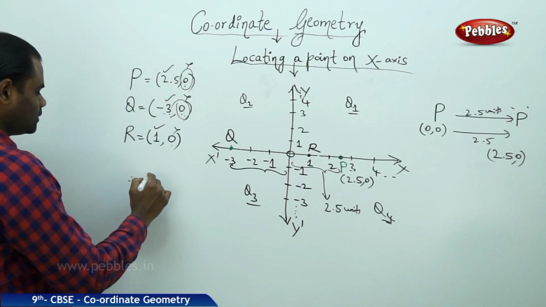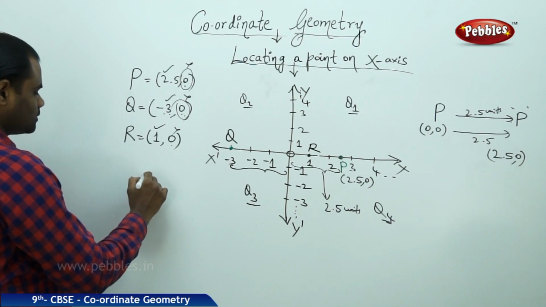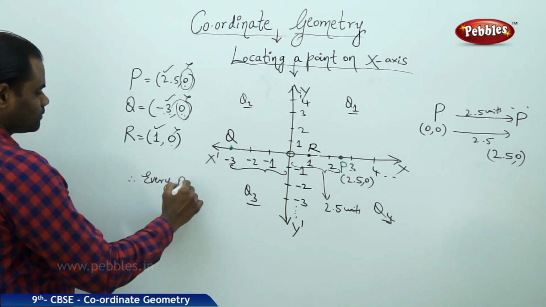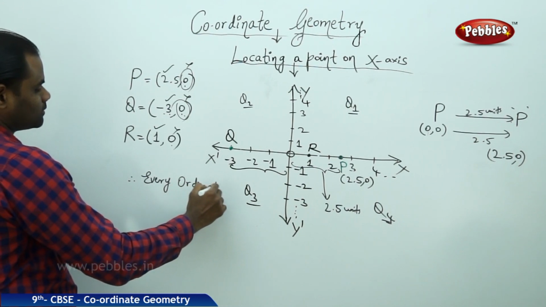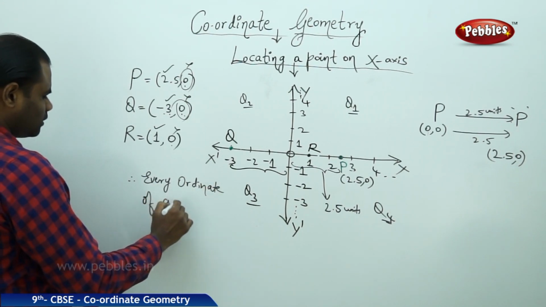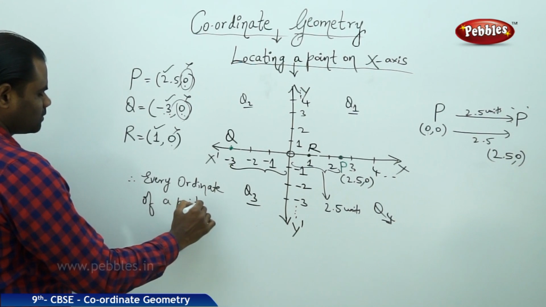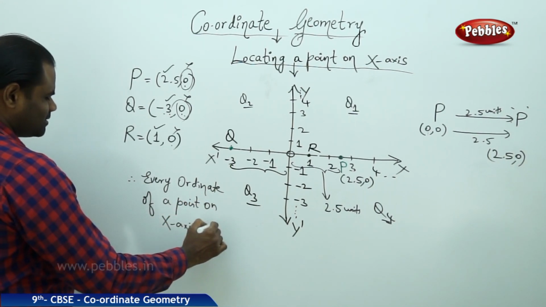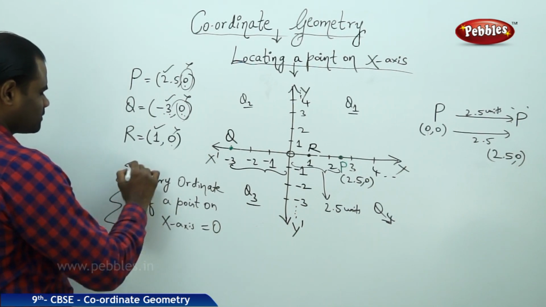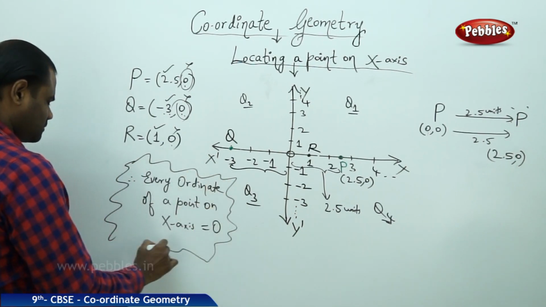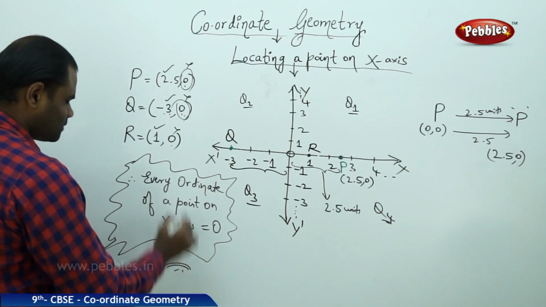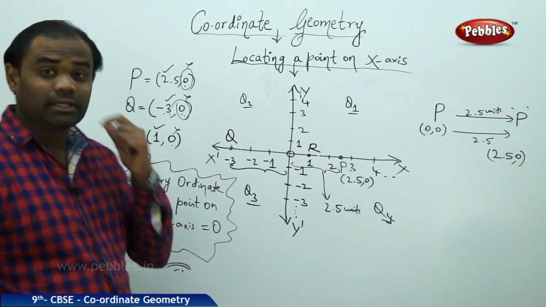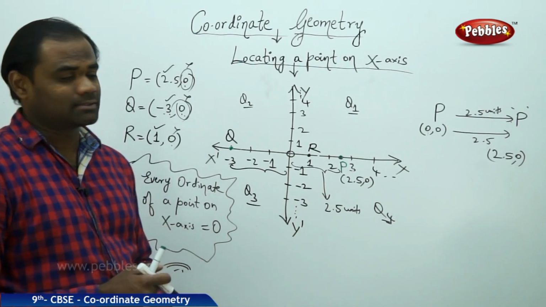Therefore, my note is: every ordinate of a point on the x-axis is always zero. So this is the learning outcome in case of any point on the x-axis.